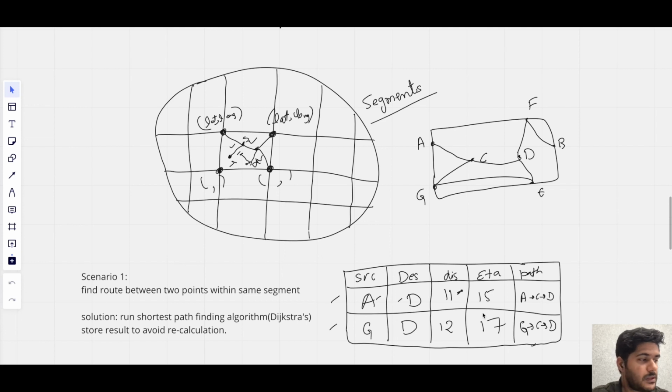So using different things, you can think of an ETA to start with, which you are feeding, which is how much time it will take when there is no traffic, and you will store the path also.